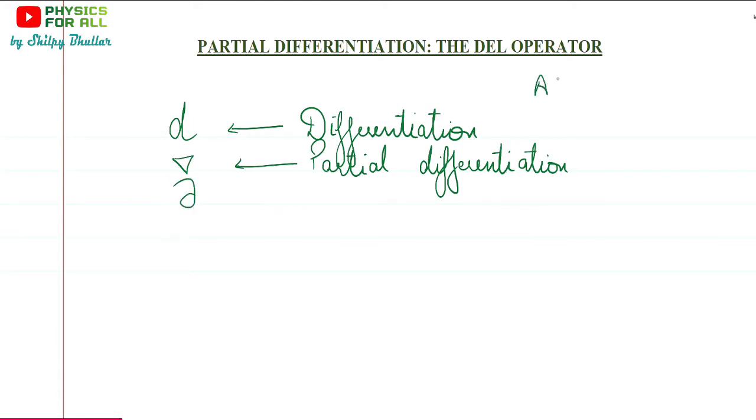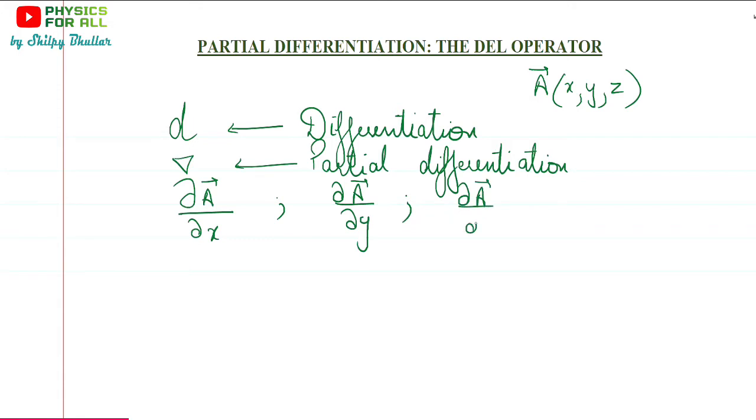If A depends on x, y and z, then we will find curly A by curly x, curly A by curly y, curly A by curly z. We call it curly: this is the normal d and we have curled it a bit.